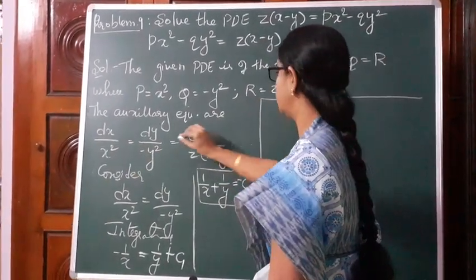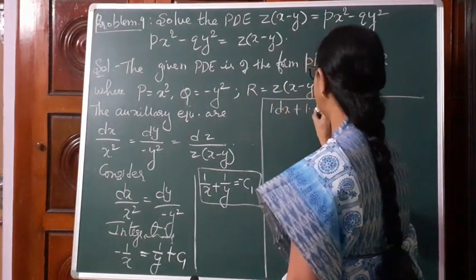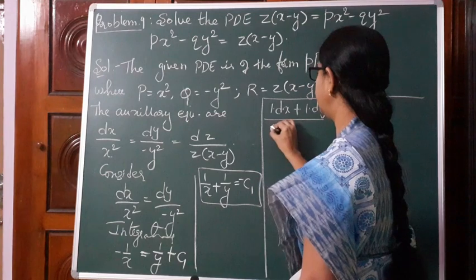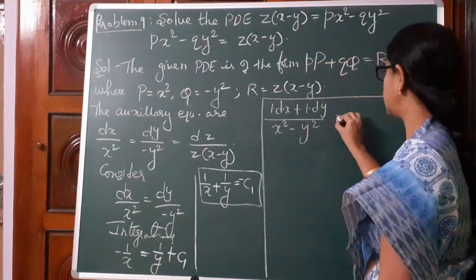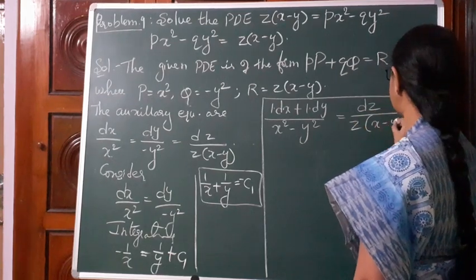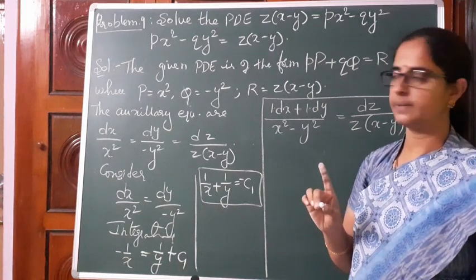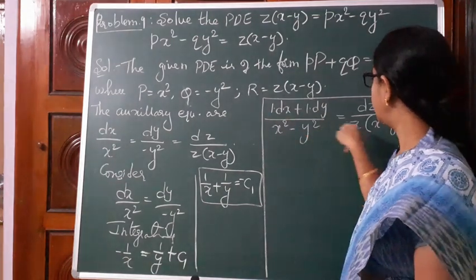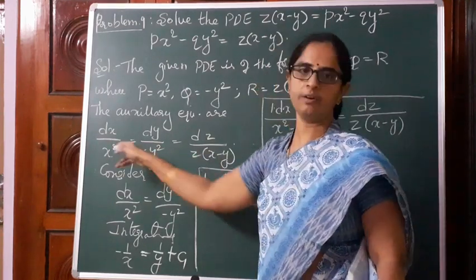So that from these two you get 1 into dx plus 1 into dy gives 1 into x square minus 1 into y square, which is equal to, I equate this to the third term, dz by z into x minus y. We have already discussed that for any set of l, m, n, the ratio is equal, so we can equate this ratio to the combination of these terms.